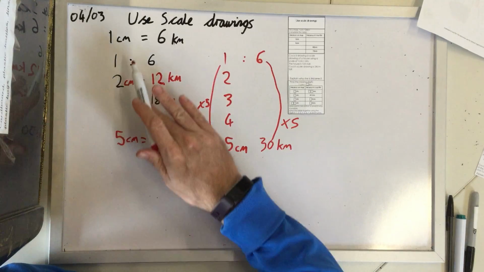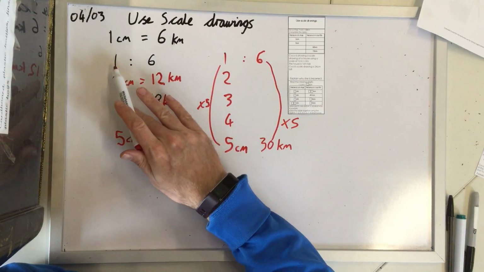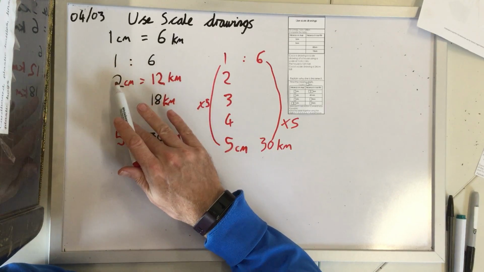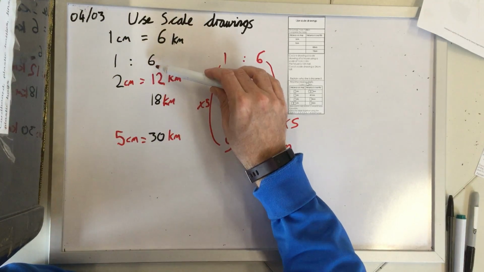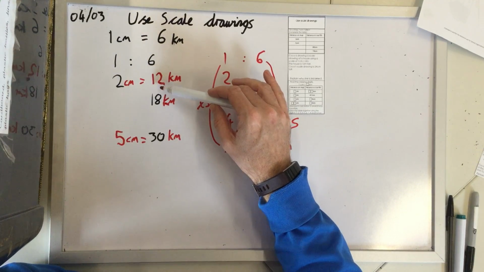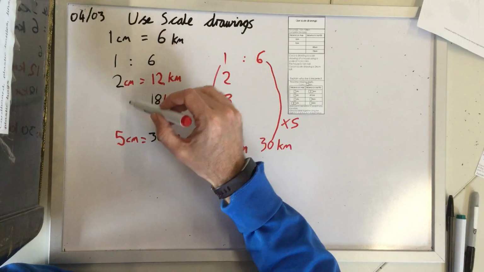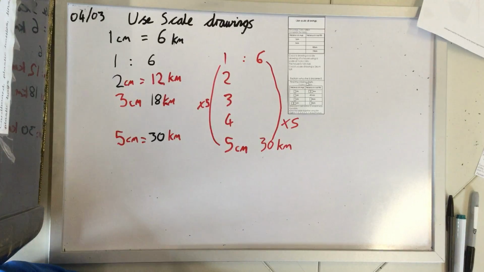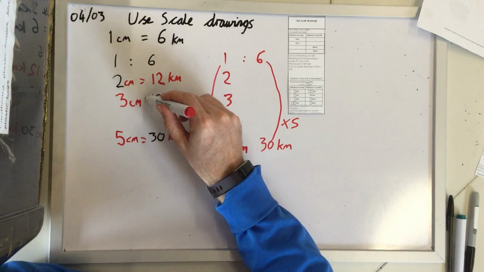So what do you think this next one will be? If we go 1 to 6, 2 to 12, you see the pattern is it's going up in 6 each time if we go up by 1. This gap is 6 here, so this has only gone up by 1, so 3 centimetres is equal to 18.